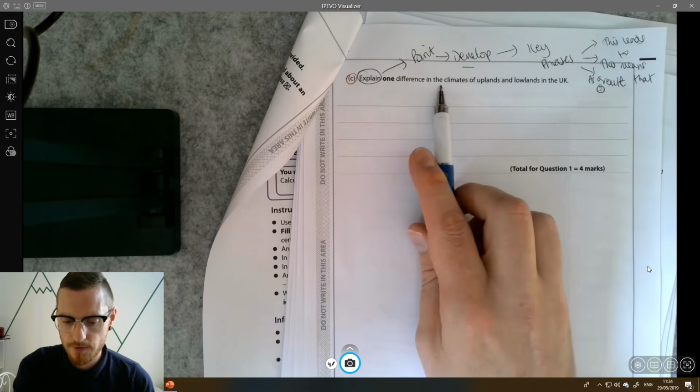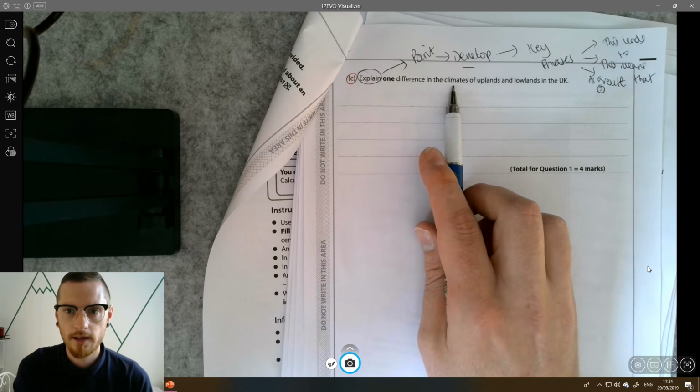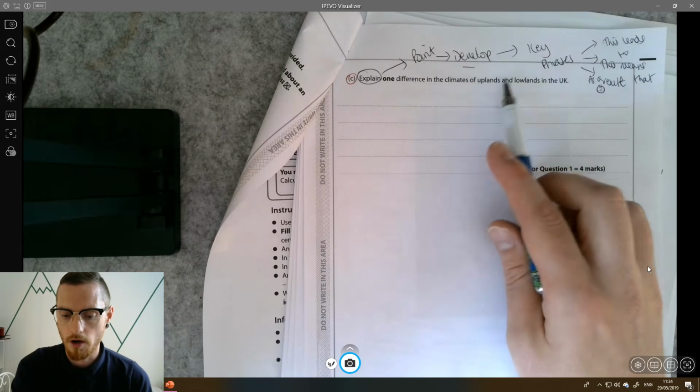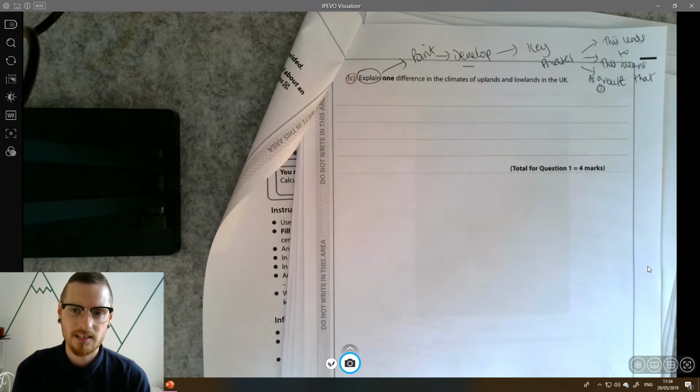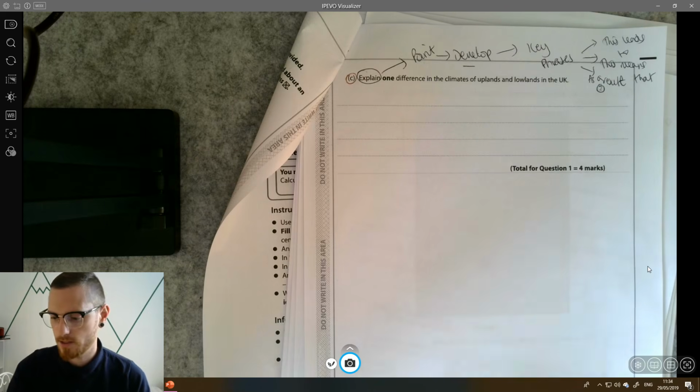Okay, so explain one difference in the climate. So that's the weather that we usually find in a place over an extended period of time, of uplands and lowlands. It's asking me to explain one difference in why upland and lowland areas in the UK have different climates.